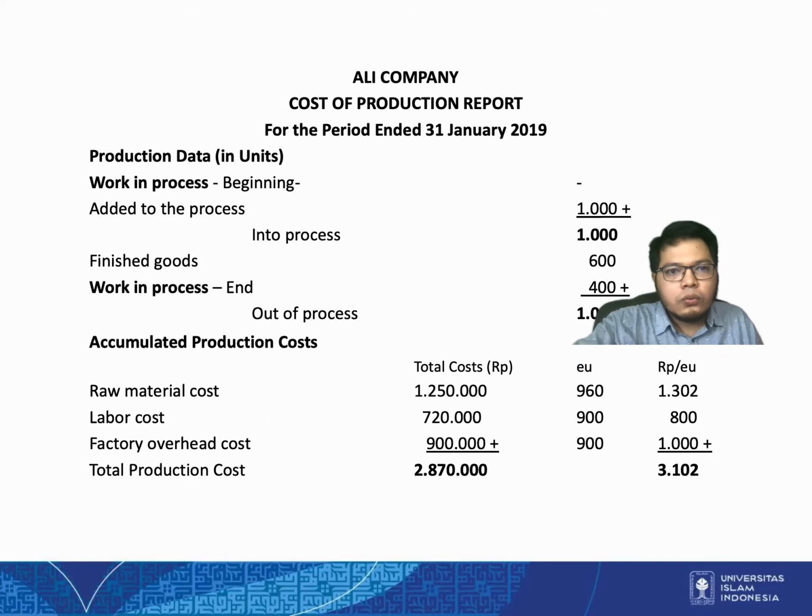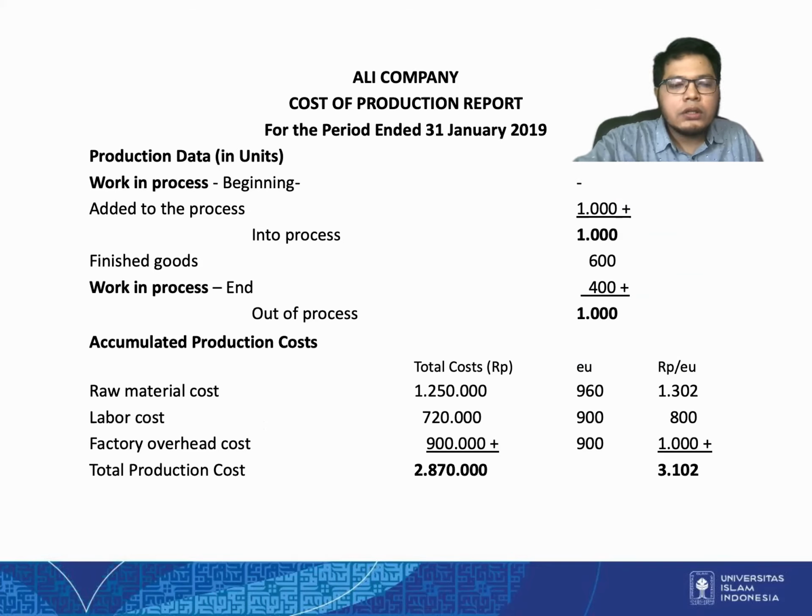So now after we calculate the equivalent unit, we check the cost of production. For the work in process, we don't have a beginning balance, because we don't have a previous period. This is the start of the production, and then 1000 units are added to the process, and then we finish 600, with work in process of 400, out of 1000.